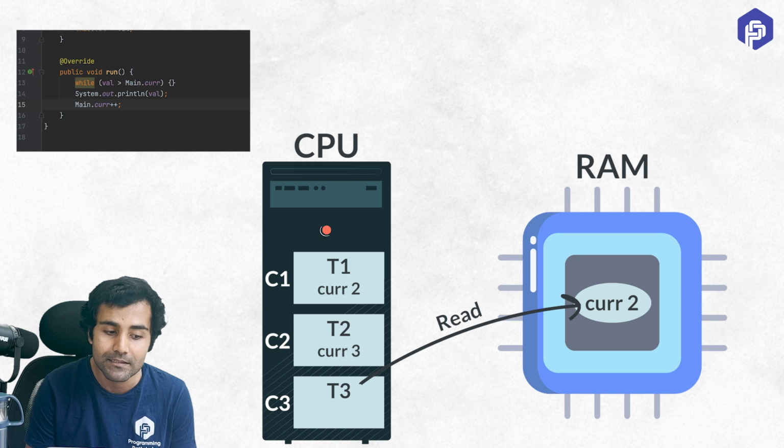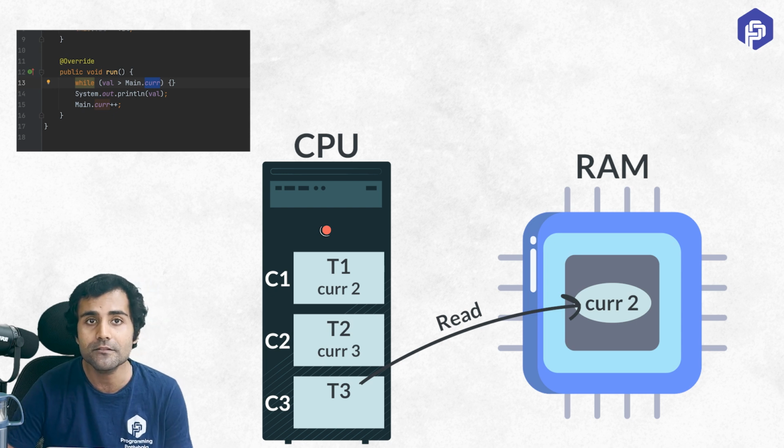Because current is still equal to 2. The value that was supposed to become 3 has been made so by the second thread, but it is currently residing inside the local CPU only. That is the reason other threads are not able to detect it and are still stuck inside their respective while loops. So this is the problem of memory visibility.